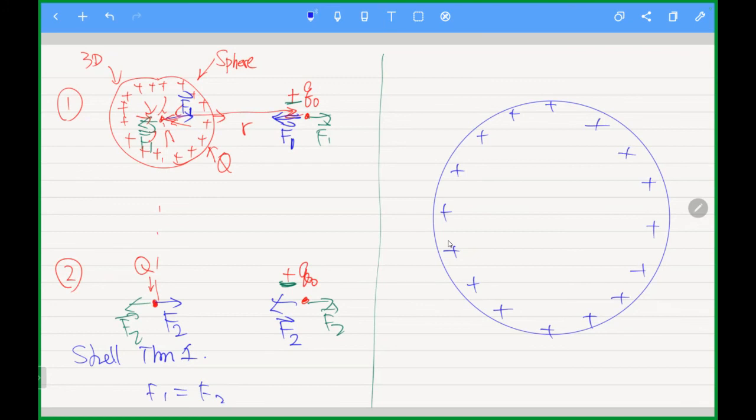Maybe positive charge or negative, it is okay. This is still a 3D sphere.